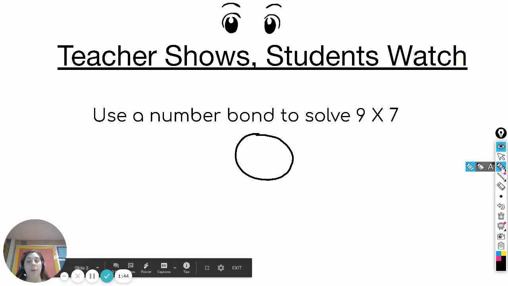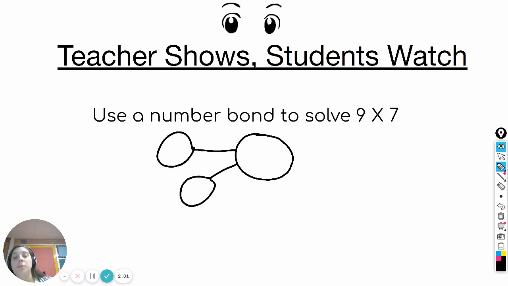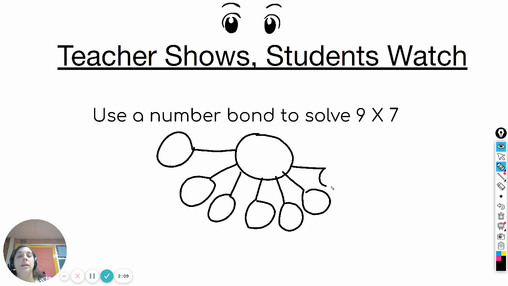So now what we're going to do is we're going to make legs on our number bond to help us solve. So we're solving 9 times 7, which means we need 9 groups of 7. So we're going to make 9 legs. 1, 2, 3, 4, 5, 6, 7, 8, 9.